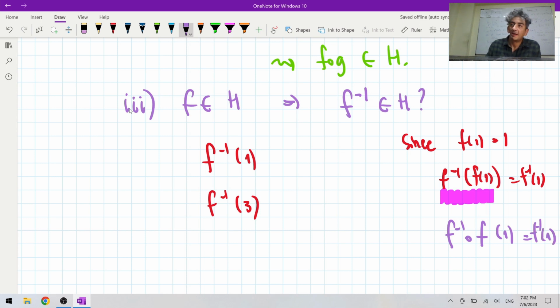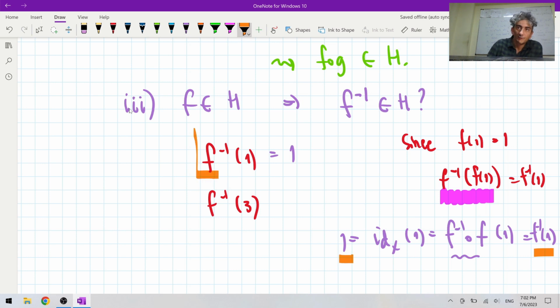And this function is actually the identity applied to 1. And the identity applied to 1 is simply 1. So what we have shown is that the inverse of f applied to 1 gives simply 1.